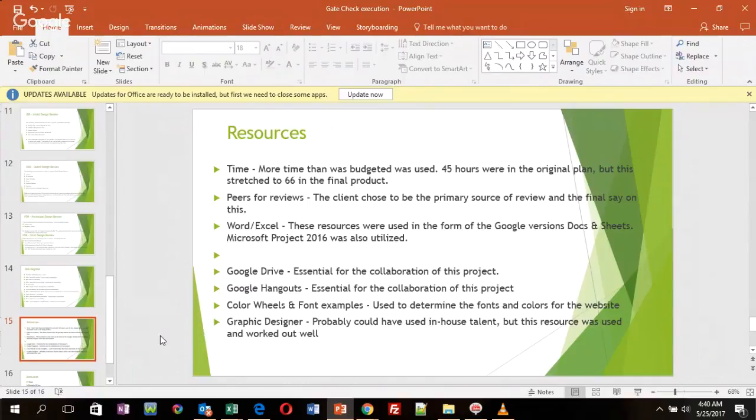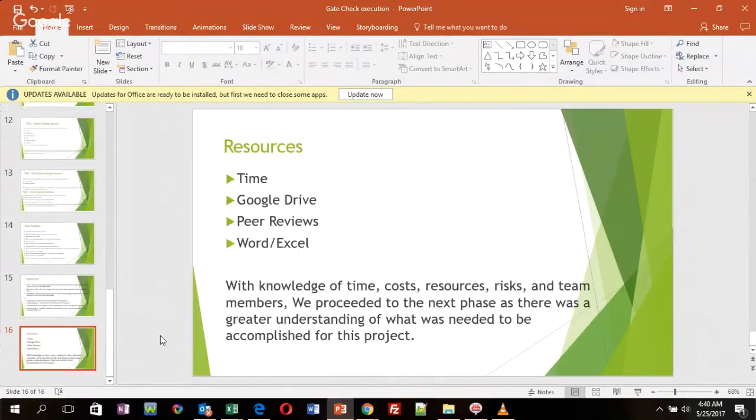We also use Google Hangout to communicate with time. We also use Colorwell and font examples on the internet. And we had a graphic designer who designed the logo and also worked on the pictures of the website. And this is just a summary of the resources.